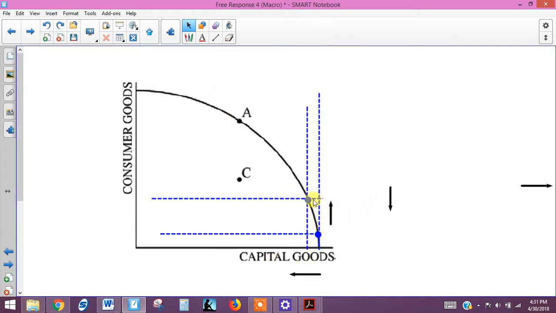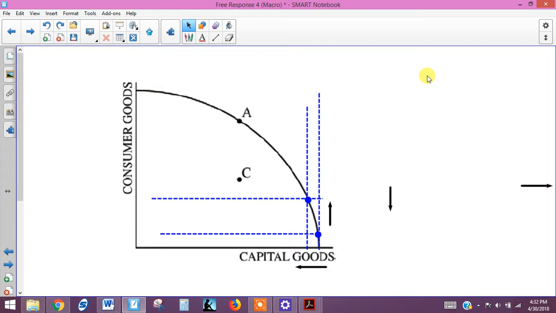And at this point in the diagram right here, the opportunity cost, what we're giving up in capital goods, is relatively small relative to what we're gaining in consumer goods. And as we move up and get to this part of the curve right here, just the opposite is true. The opportunity cost is much greater in terms of what we have to give up in the capital goods in order to gain a small amount of consumer goods up here.